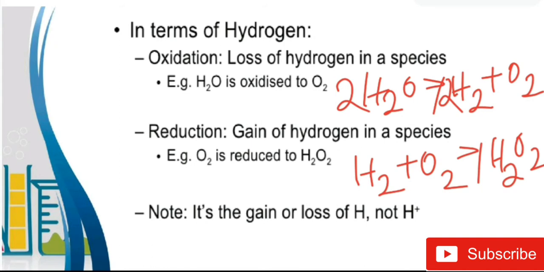In this process, oxygen is reduced to form hydrogen peroxide because oxygen reacts with hydrogen, there is a gain or addition of hydrogen, so that hydrogen peroxide forms. If you notice, children, there is a gain or loss of hydrogen atom, but not the H plus ion.